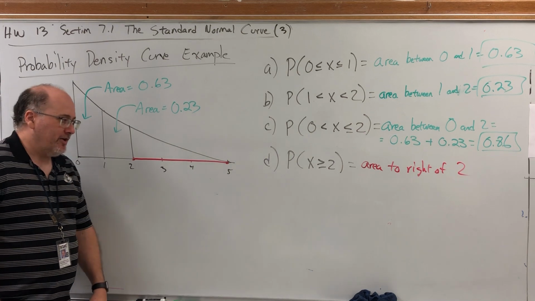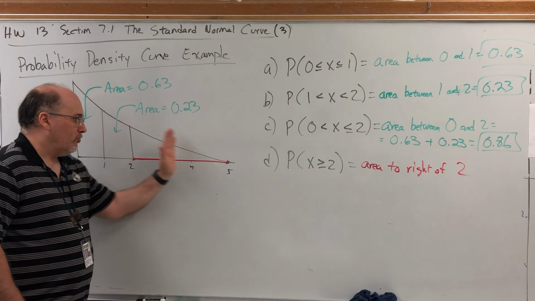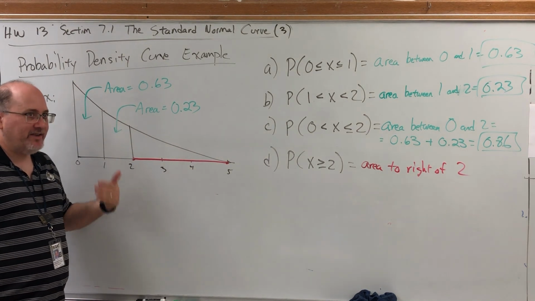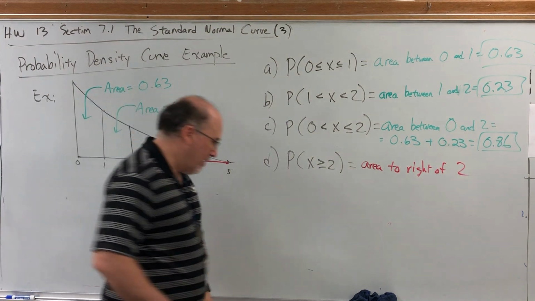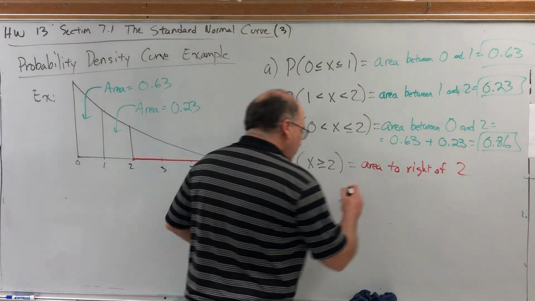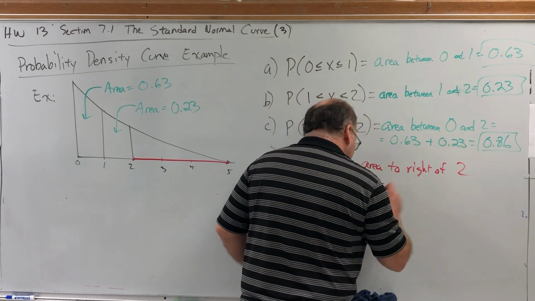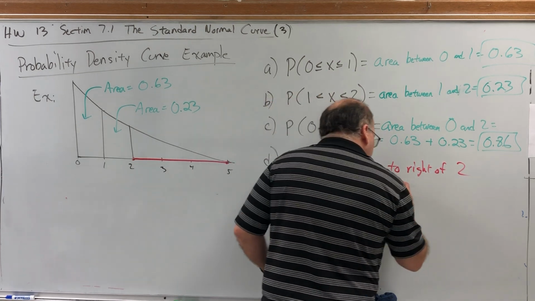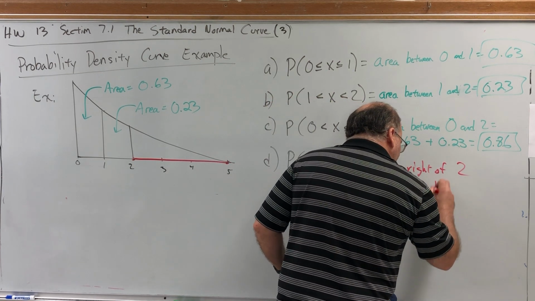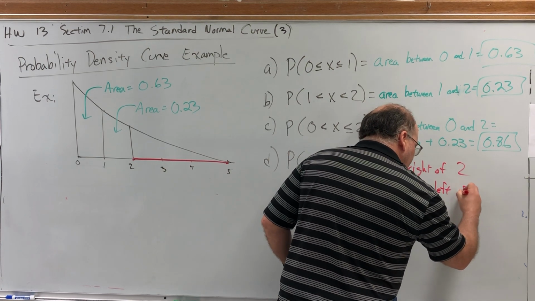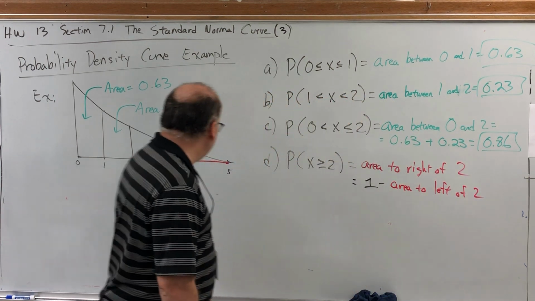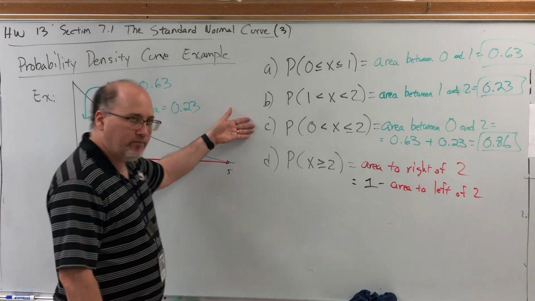So we can find this area by subtracting these two from 1. And more generically, the area to the right of a number is 1 minus the area to the left of a number. That will be important real soon. So this is equal to 1 minus the area to the left of 2. And did we not already calculate the area to the left of 2 in question C?